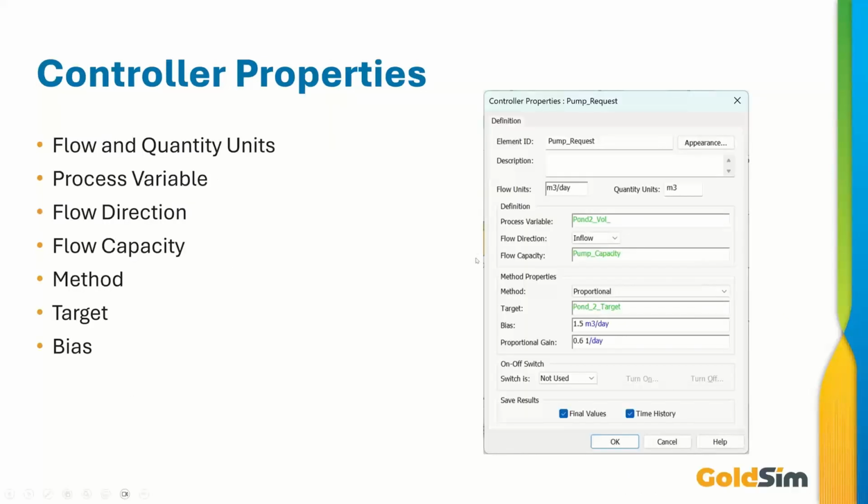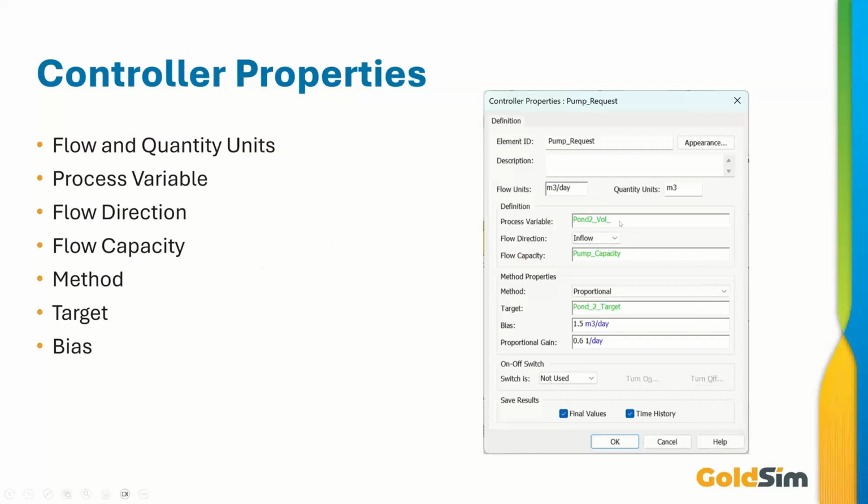So when you open up the controller element, here's the properties dialog that appears. And notice the flow units and quantity units are separated here and both identified, because some of our input is a process variable that's in quantity units and our output is a flow. So we want to include both just because you might be reporting on either one of those, and just to keep things consistent.